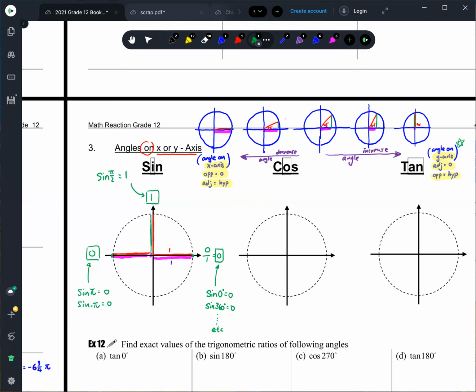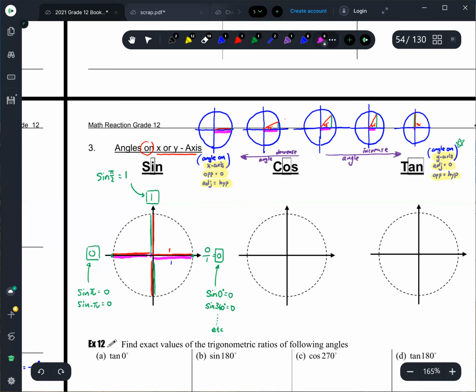Okay, one more place, right? The bottom part. So it turns to 270 degrees. So the hypotenuse will be here. The opposite will be the same. Adjacent is gone. Okay, this time is a little bit different.